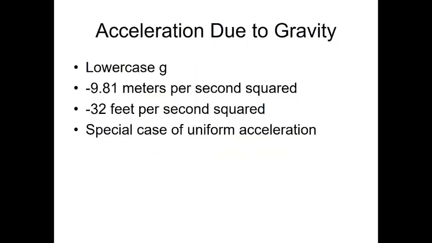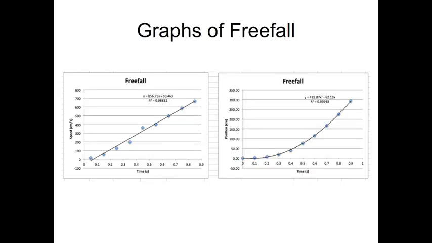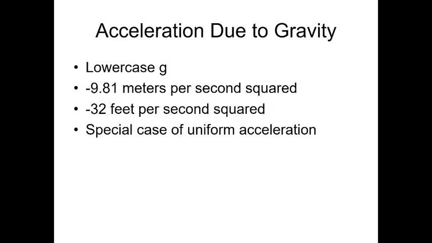All right, another thing we want to talk about is the acceleration due to gravity. Acceleration due to gravity is notated with the lowercase letter g, and it's essentially how an object accelerates when it's falling.